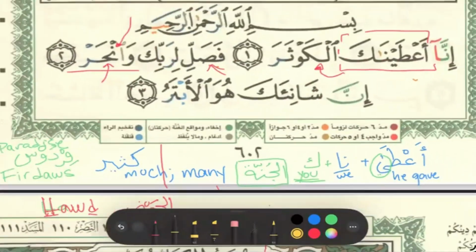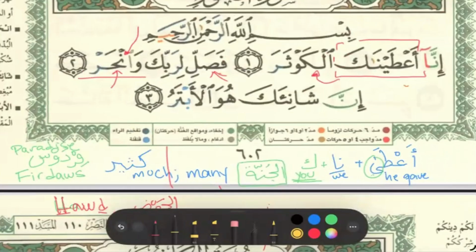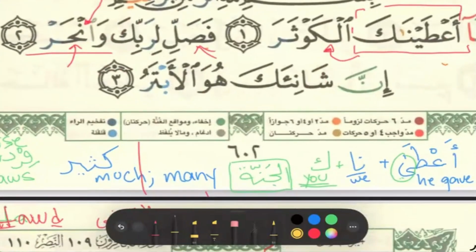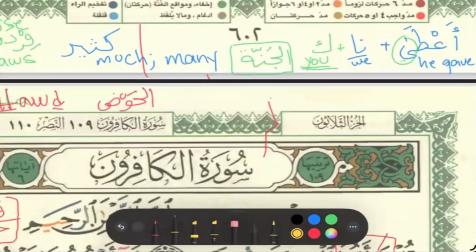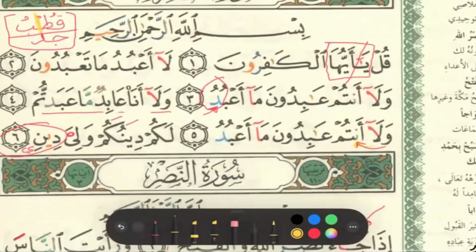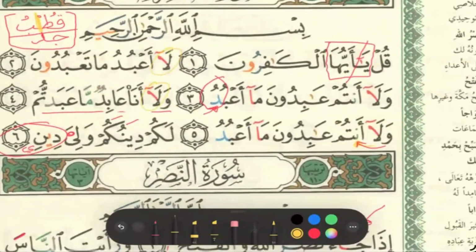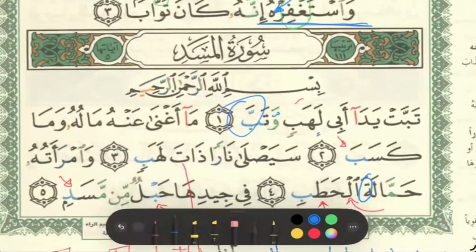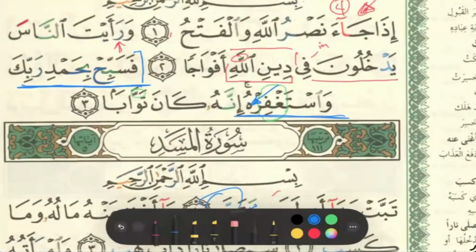Is there maybe one more? Well, there's this one, but I'm looking for the other one. We see this one repeated over and over again here. We've got a fancy kaf here.